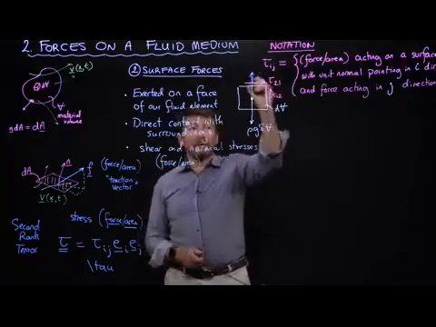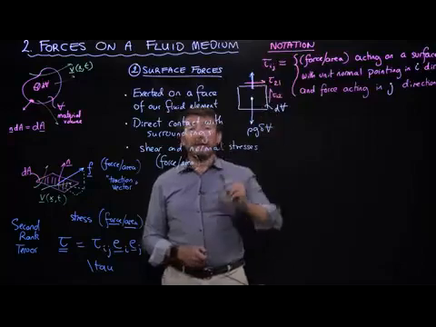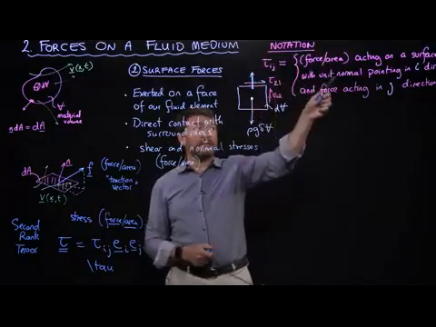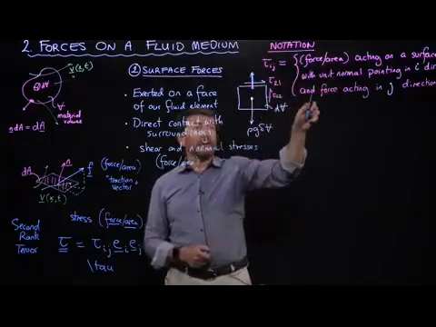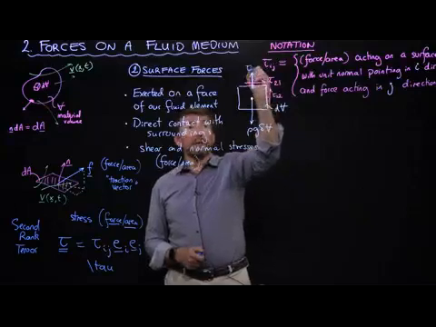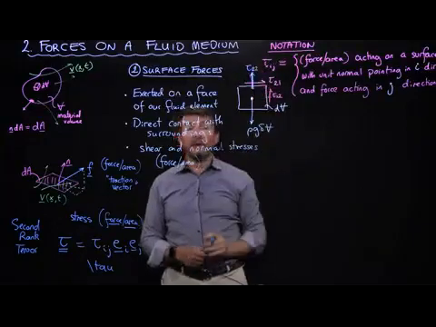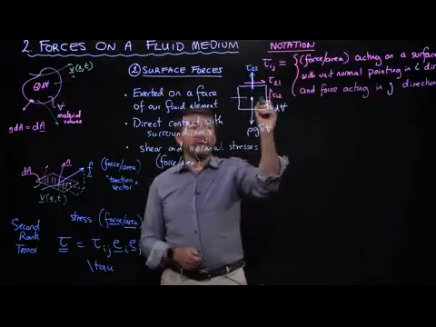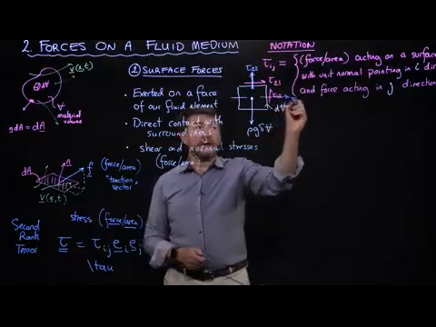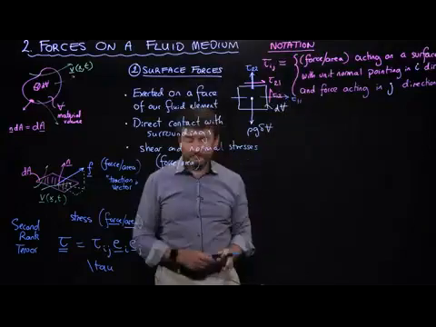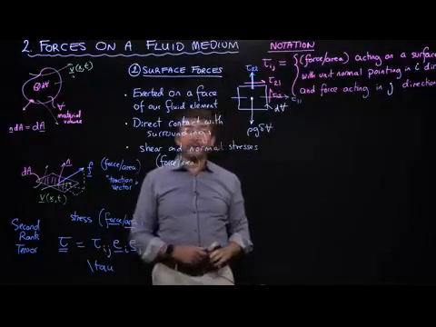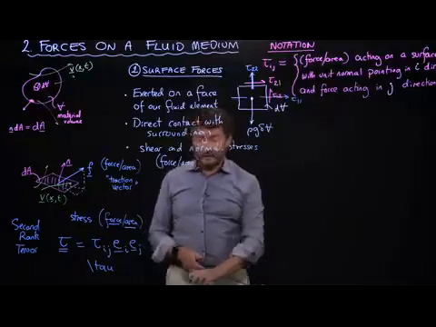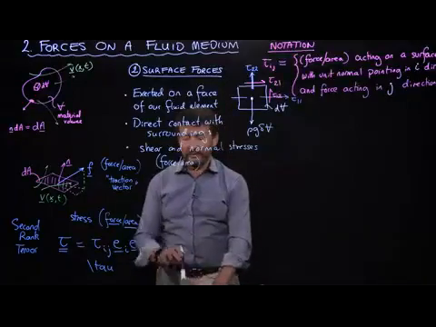Here, the direction we're pointing in is 2, and the unit normal is also aligned in this direction. So we would write this as tau 2,2. And similarly, you might imagine that these forces in this direction are tau 1,1. So with that, hopefully, we can understand the convention that we're going to use in the rest of this.